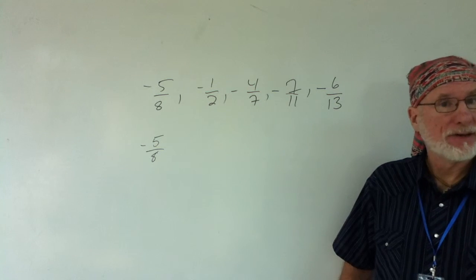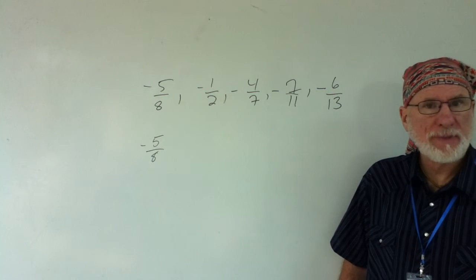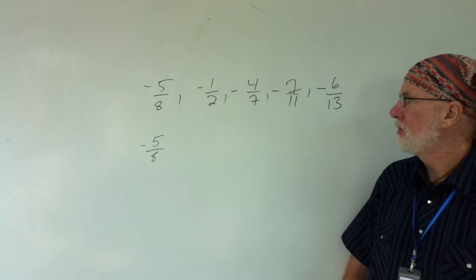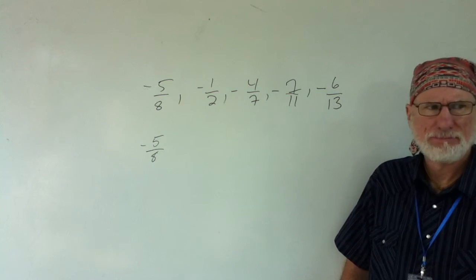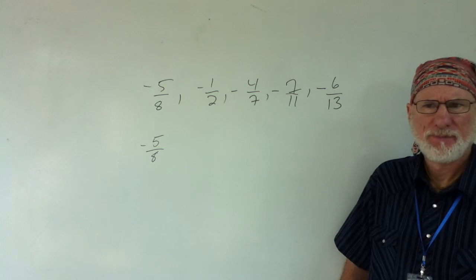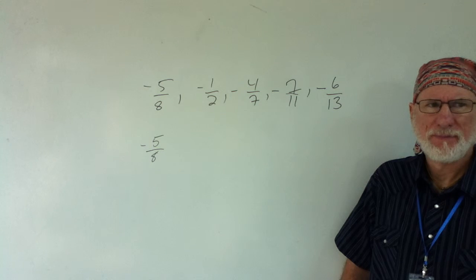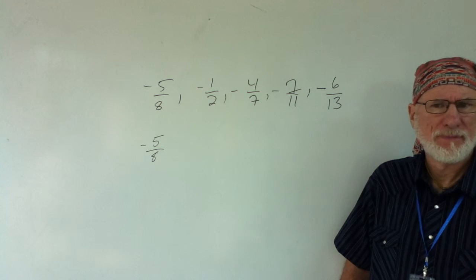Make all the denominators the same. Absolutely. So what's going to be the common denominator? What's going to be common among 2, 8, 7, 11, and 13? That's a tough one. To find it, you can add them all together and divide by 5? No, it's the lowest common multiple. We have to multiply.